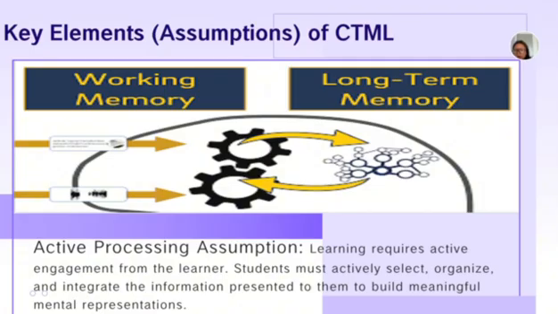The limited capacity hypothesis reminds us to pay attention to the control of information volume when designing. And the active processing hypothesis emphasizes that learners should actively participate in the learning process. The combination of these hypotheses enables us to design learning materials that are more in line with cognitive needs and improve learning outcomes.